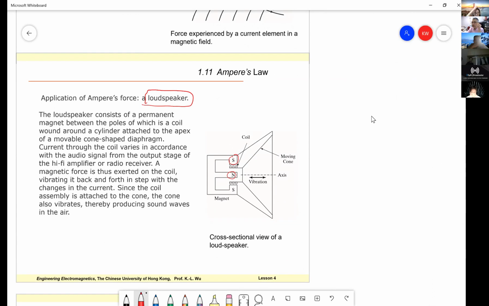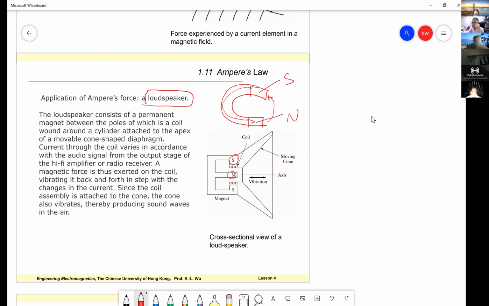Okay, south and north. You see, so we have a fixed magnetic field from a magnet. Okay, so this magnetic field is fixed, right?